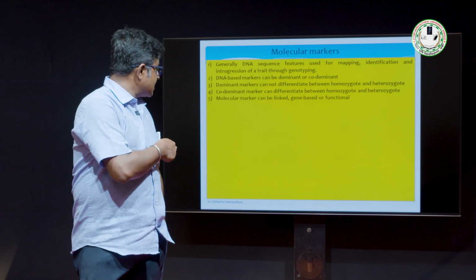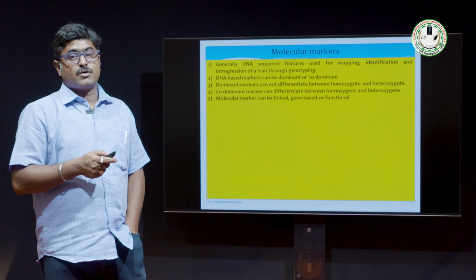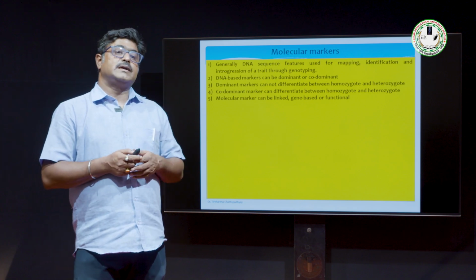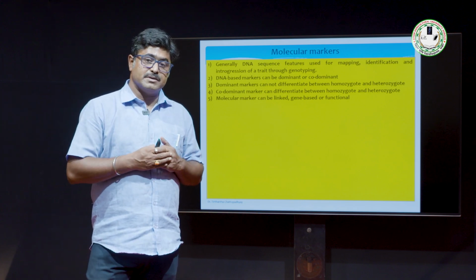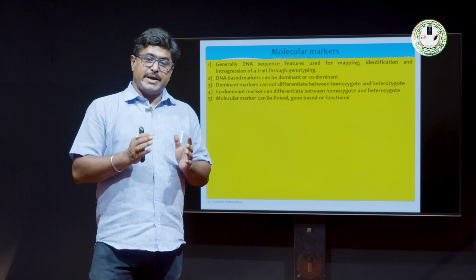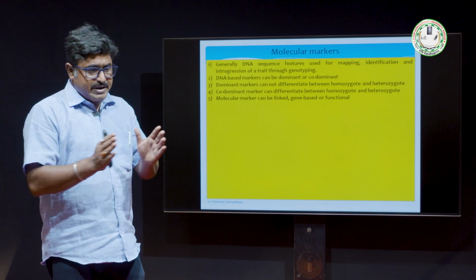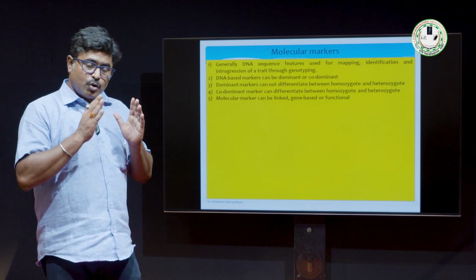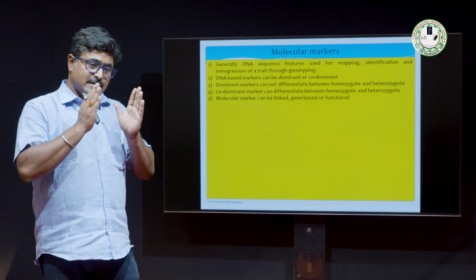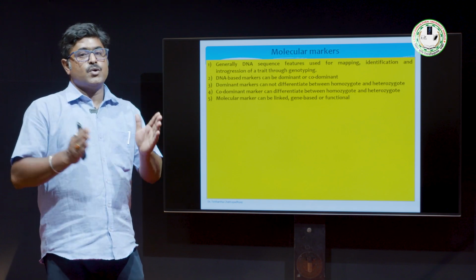So molecular markers can be linked, gene based or functional. For example, the deletion that I was giving as an example just before may be on the causal gene itself, or it may be in a very nearby location, so closely placed that the deleted part and the gene do not recombine.